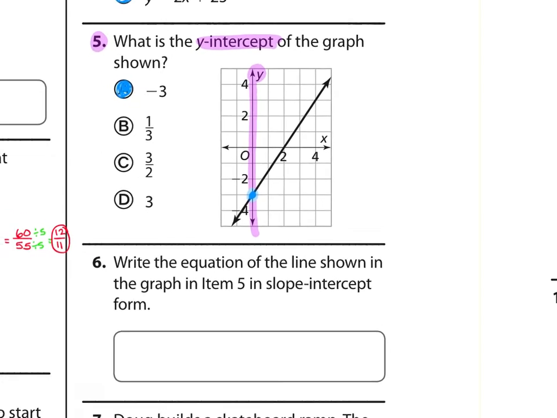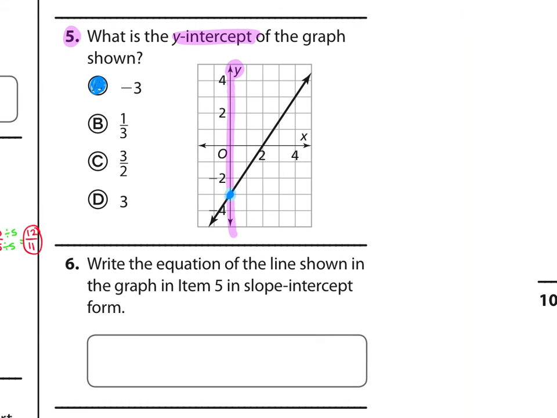Now look at number 6. It says, what's the equation of the line shown in the graph in item 5 in slope-intercept form? So on number 6, we're going to write this equation from the graph in y equals mx plus b. We already found up here that the y-intercept b was -3. Now we just need to calculate m.